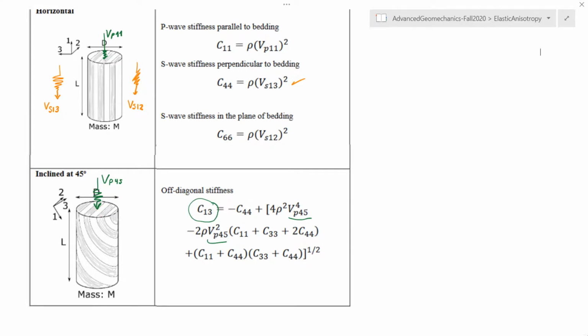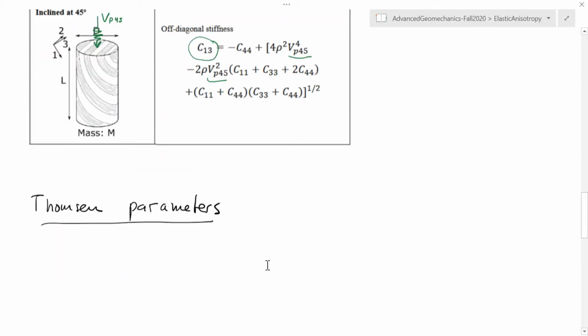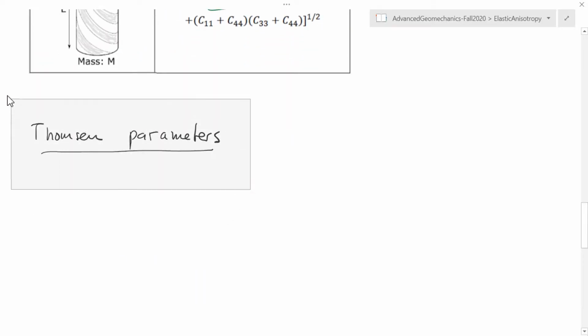All right, so at the end of the day, what we would like to do is something similar to what we did for our isotropic medium, and that is to establish relationships.